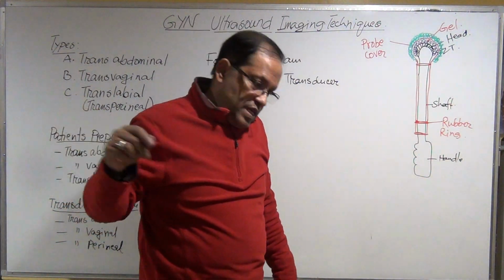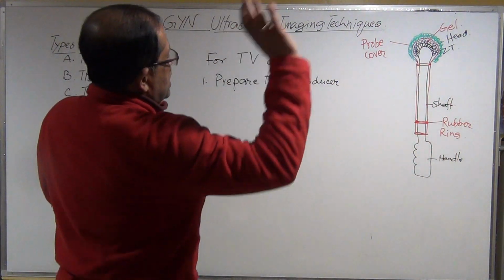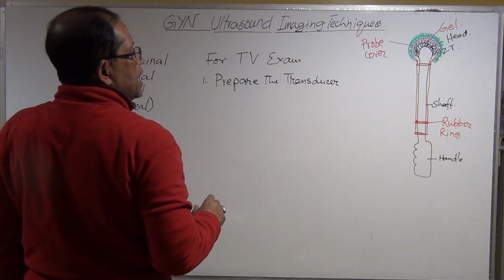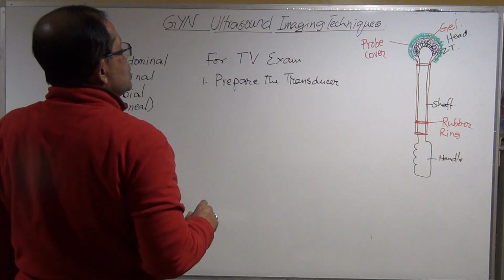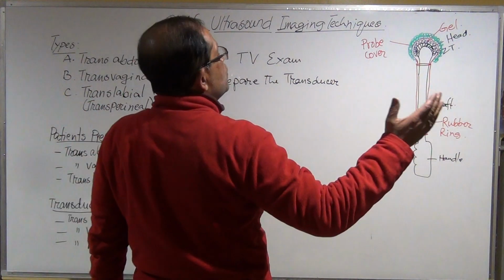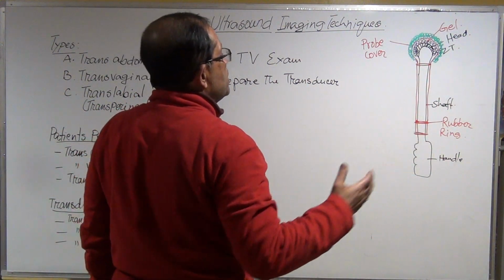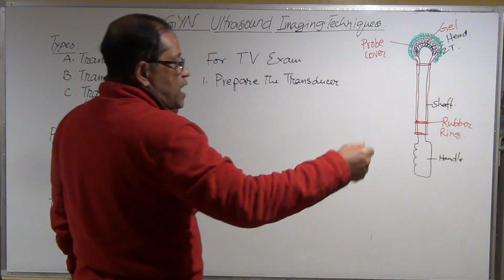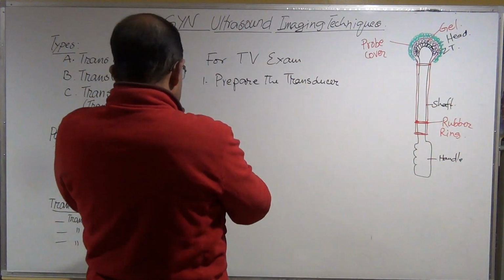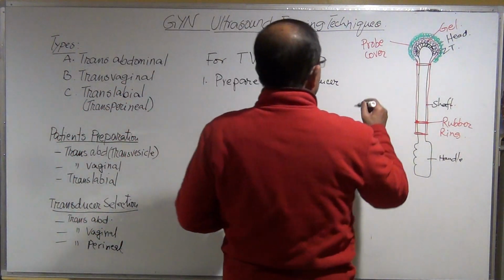Okay? So then, once it is in the canal and touching the cervical external os, then you will see the view of the uterus. View of the uterus. Turn into sagittal, then you will see the uterus. How does it look?